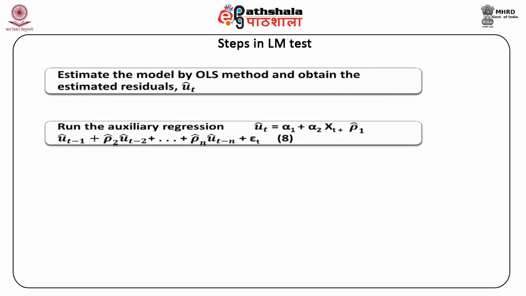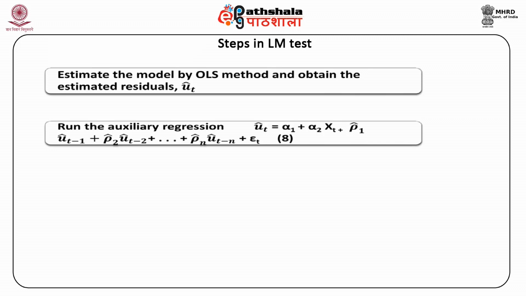We estimate UT hat equal to alpha 1 plus alpha 2 xt plus rho 1 hat UT minus 1 hat plus rho 2 hat into UT minus 2 hat, and so on, plus rho p hat into UT minus p hat plus epsilon t. This is our equation 8.